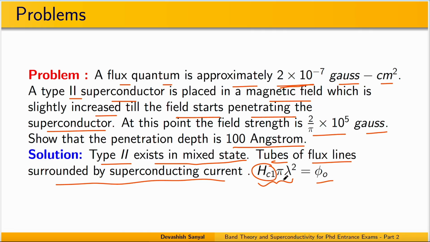So Hc1 into pi lambda square equals phi naught. From here you can find out lambda, because Hc1 is given and phi naught we know. So find out lambda, the penetration depth. This is the concept. It's just one line.